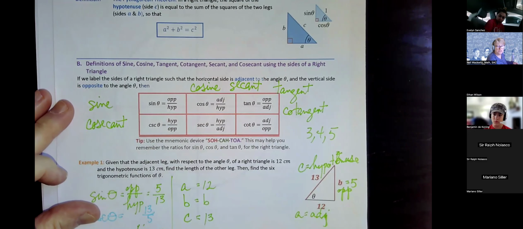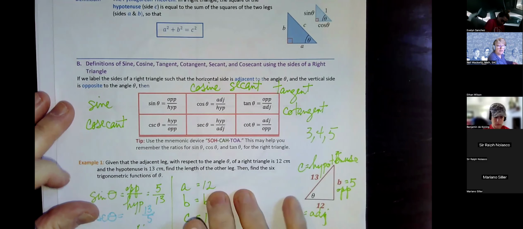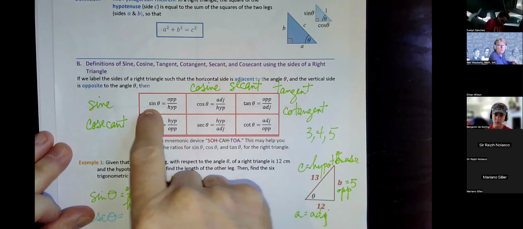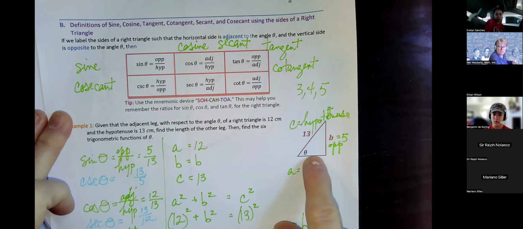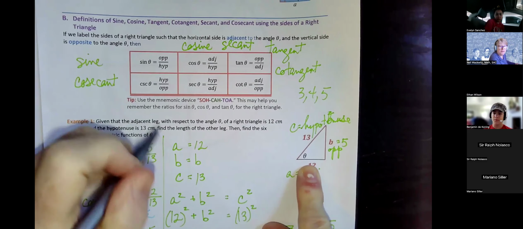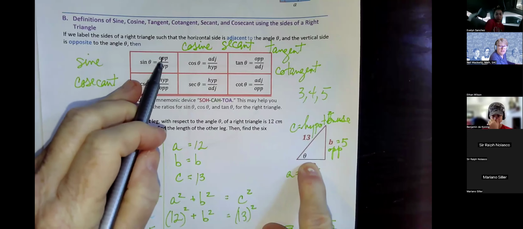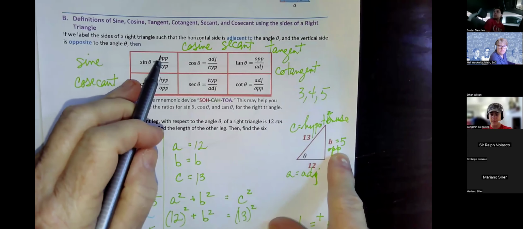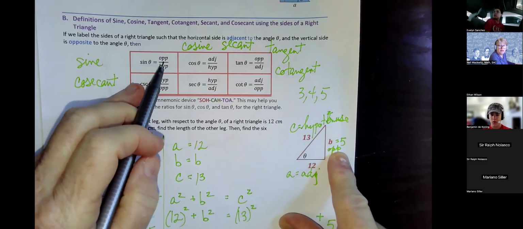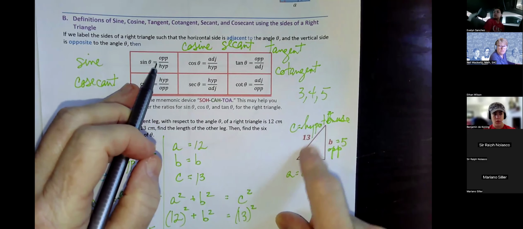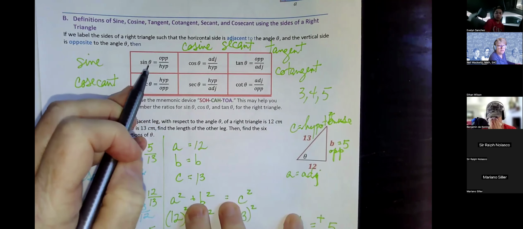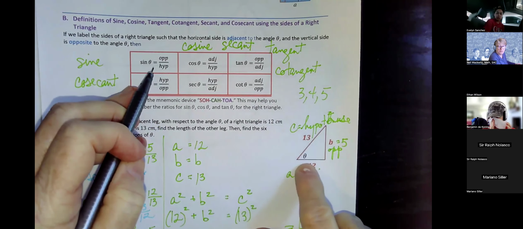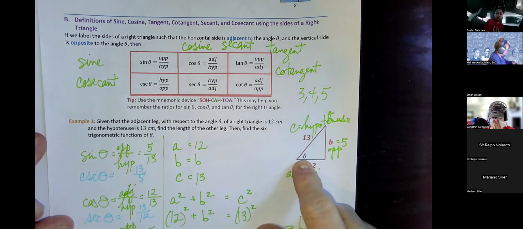Whatever sine is, it's always associated with an angle, and we find it by taking the side opposite, that length, and dividing it by the hypotenuse, that length. That is the definition of sine of theta, where theta is the angle we're referring to.